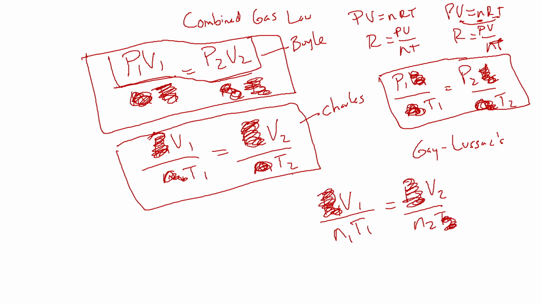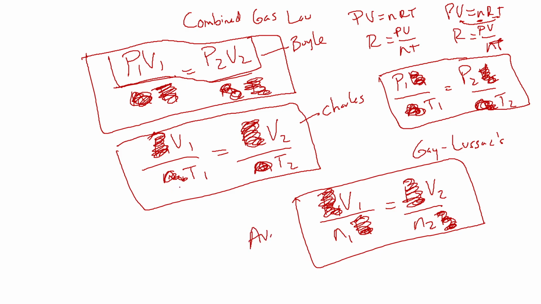No temperatures. Ready? Get rid of those. There it is. There is our Avogadro's law. So this is basically all the gas laws at your palm. All you have to do is scratch out and get rid of anything that's held constant, anything that's not given to you in the problem, and you'll be left probably with the gas law that you need to use.